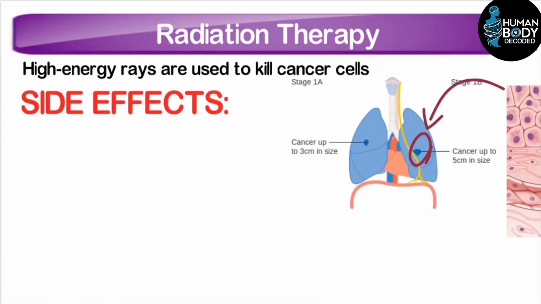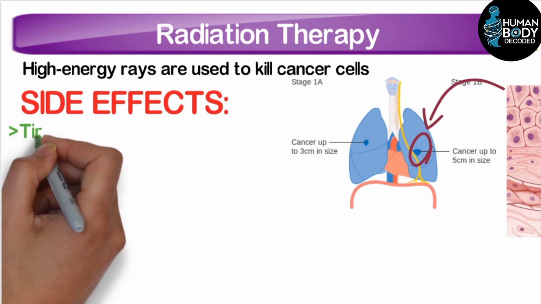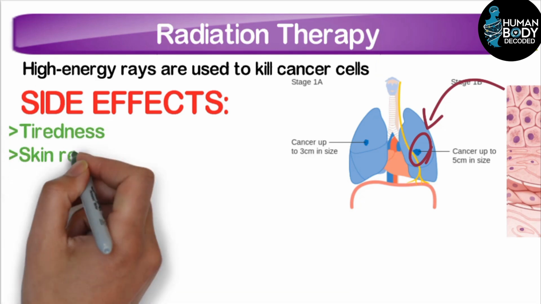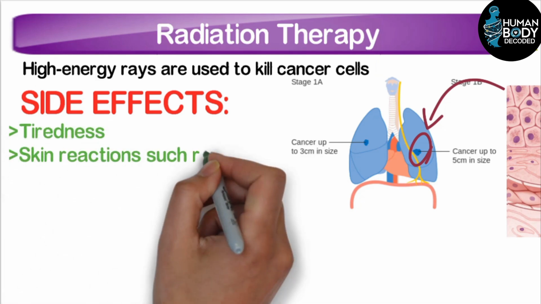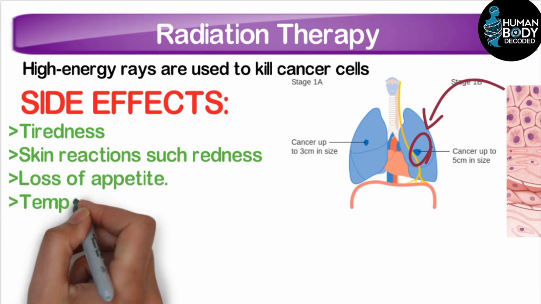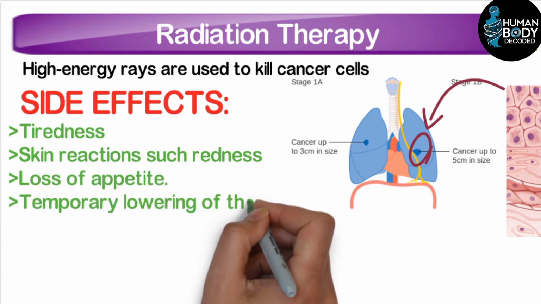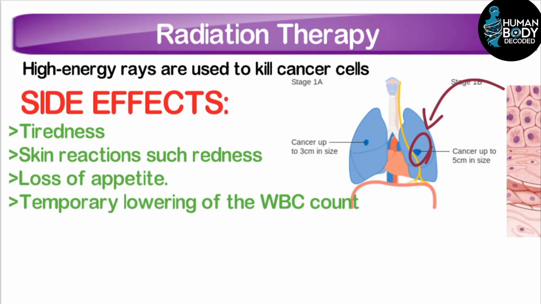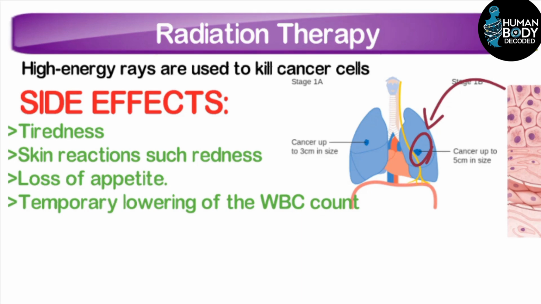But it also has some side effects. Its side effects are tiredness. The person feels very fatigued. Skin reactions also occur, like the skin becomes red. There is redness. Loss of appetite occurs. And along with it, the WBC count becomes very low.